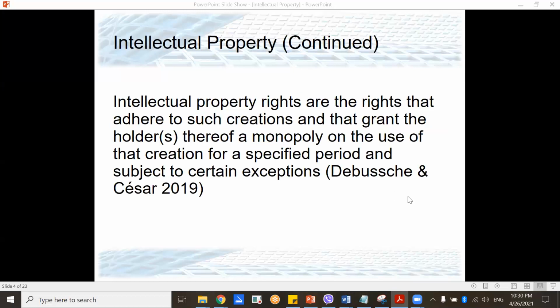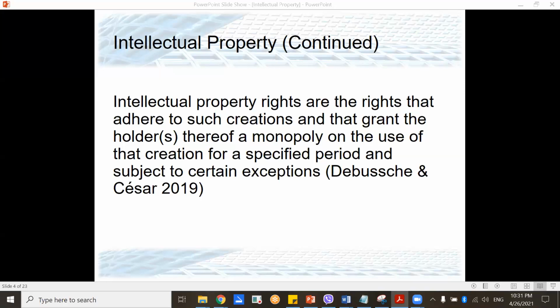So now we defined intellectual property. I gave you a couple of definitions, one from the Oxford English Dictionary, one from Wikipedia, and then my own definition as well. But we also need to talk about intellectual property rights. What does that mean?